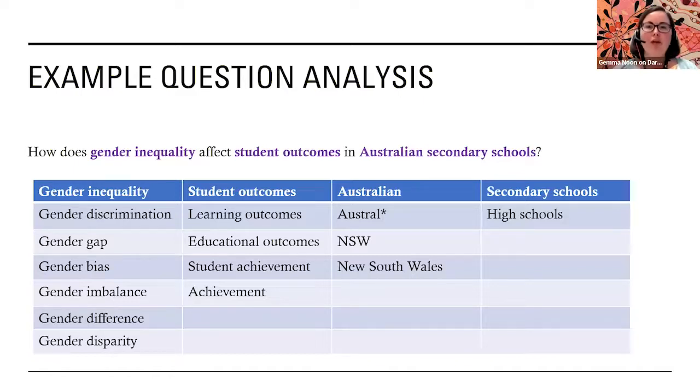There's a little technique there where we've shortened Australia to the root of the word and then put an asterisk symbol. Sometimes the symbol for truncation can vary between databases, but certainly if you use the library catalogue, and for most databases, it is an asterisk. And we finally have the synonym for secondary schools, high schools.